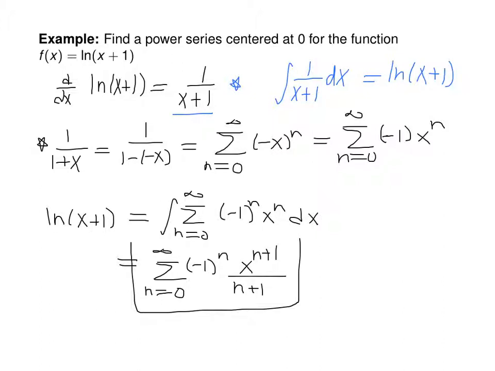Next, let's find the interval of convergence for this series. So we know that the original series had interval of convergence negative 1 to 1. So the only thing we have to do here is test the endpoints.